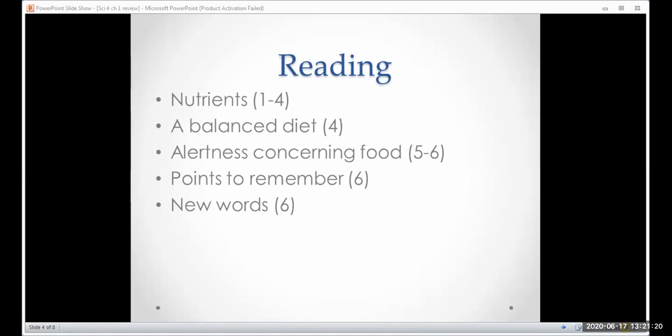They also help your body to fight diseases, so they are called protective foods. Underline it and also highlight these types of vitamins, that is vitamin A, B, C, D, E and K.